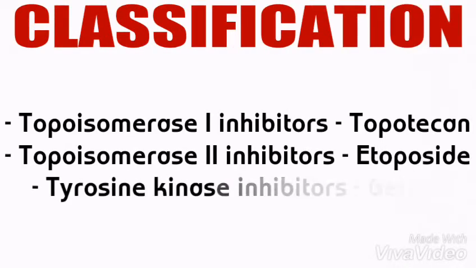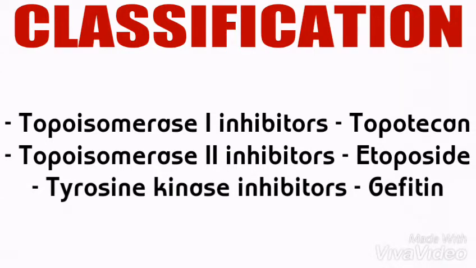Cell cycle specific drugs are classified as follows: topoisomerase 1 inhibitors. Example of drug that you can find under this category is topotecan. Topoisomerase 2 inhibitors. The drug you can find under this classification is etoposide.